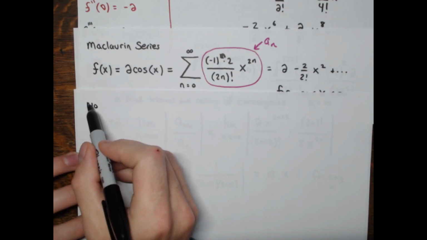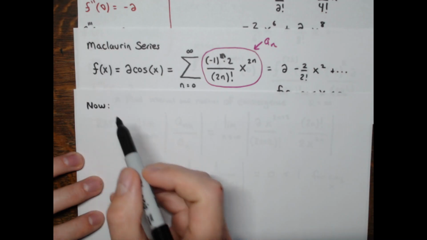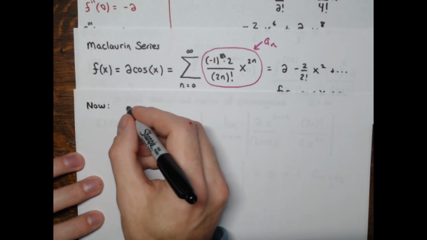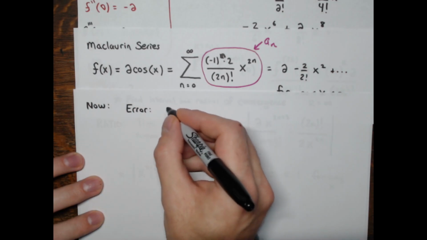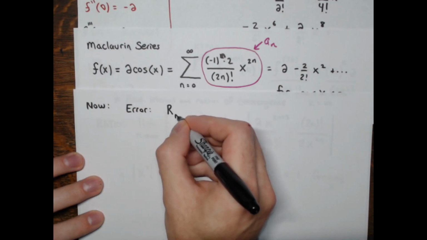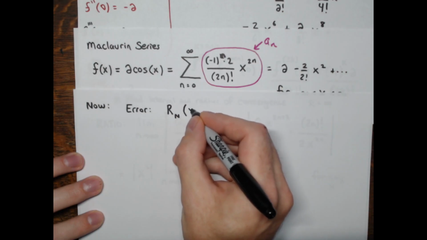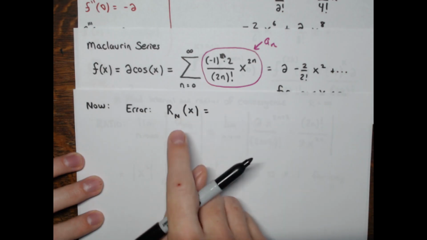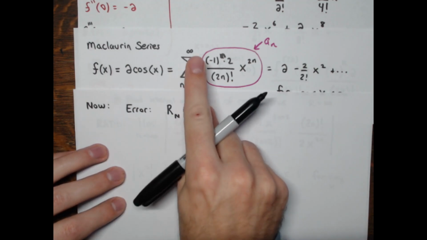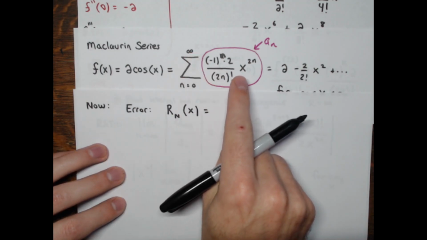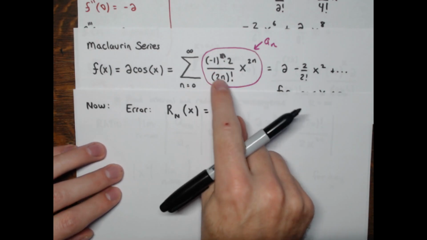To the error. The remainder term, the r sub n, I was using capital N. Remember, this is if I add up from n equals 0 to capital N of this series here.